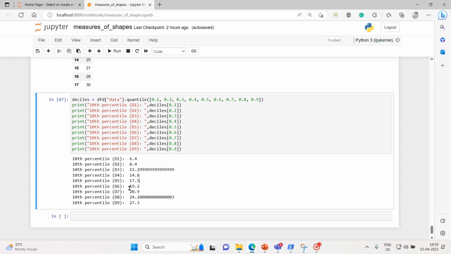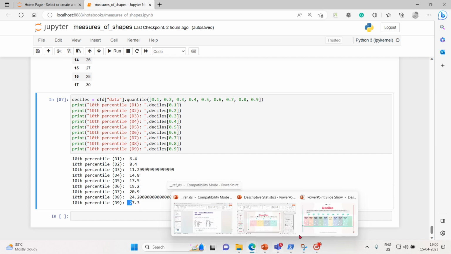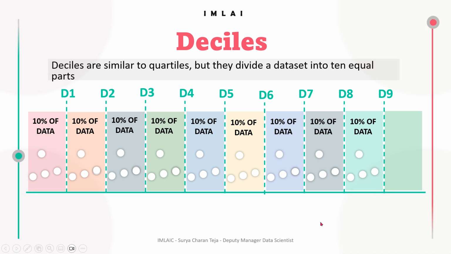That's quartile 2. And 60% of data points are falling below 19.2. And 70% of data points are falling below 20.9, and 80% of data points are falling below 24.2, and 90% of data points are falling below 27.3. And this is deciles for you.